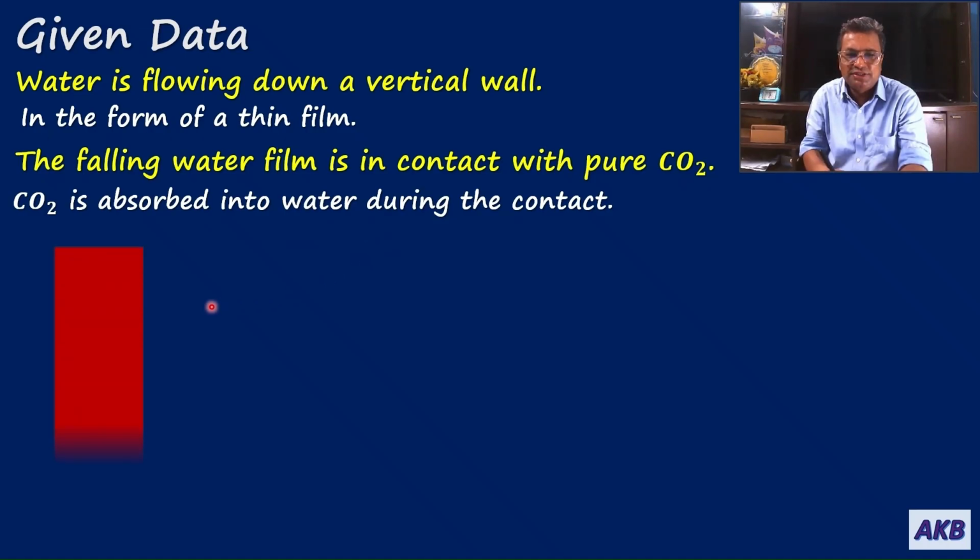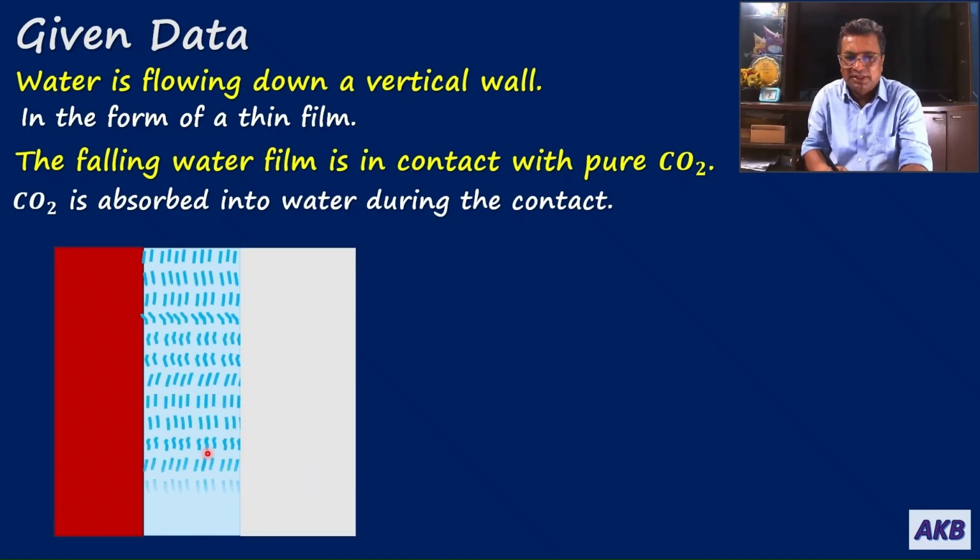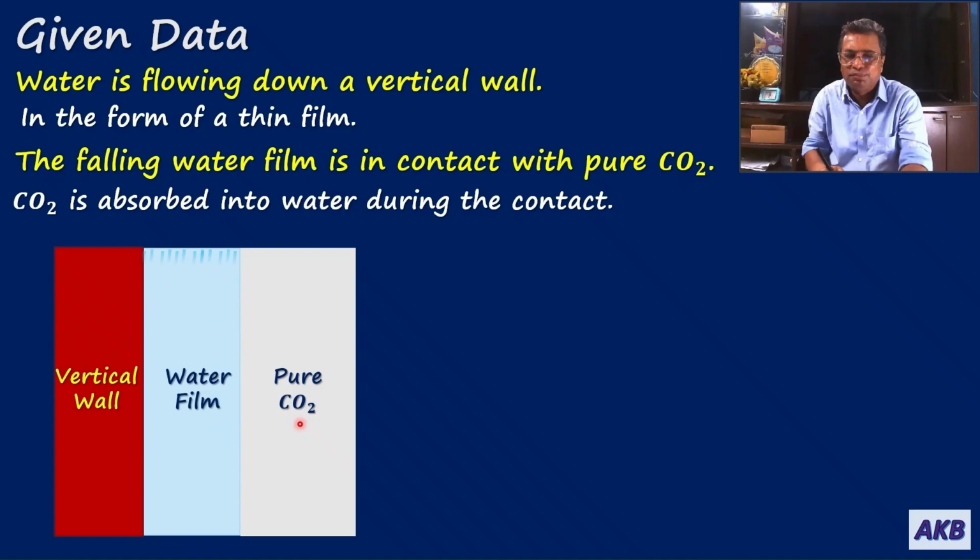So you have a vertical wall, then water is falling down the vertical wall in the form of a thin film, and then it is in contact with pure CO2. So this is vertical wall, water film, and then you have pure CO2.